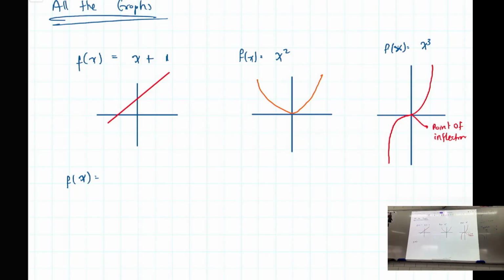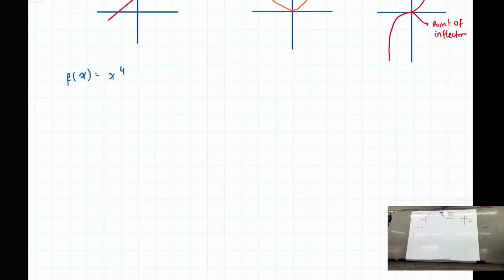f of x equals x to the power of 4. What is that? It's a quartic. And what is the shape of that quartic? What does that look like?